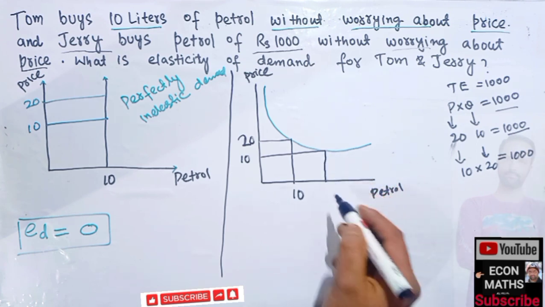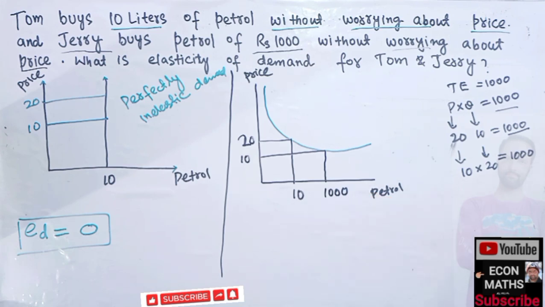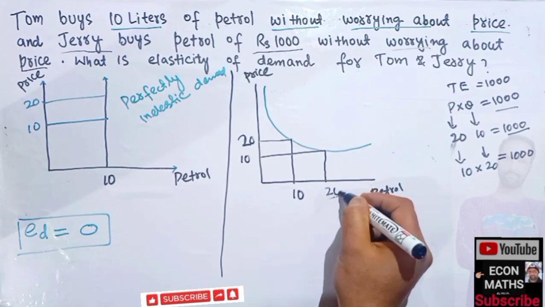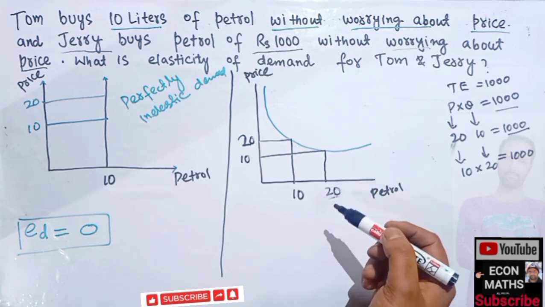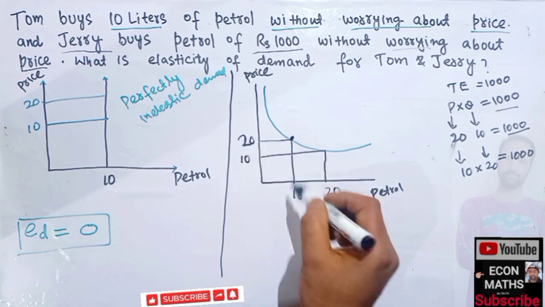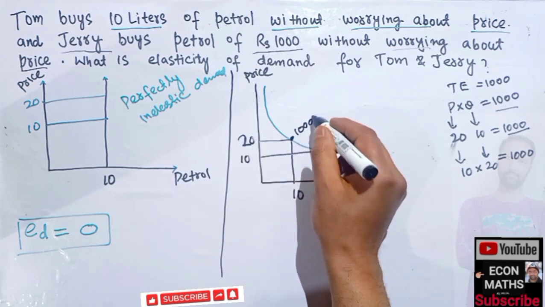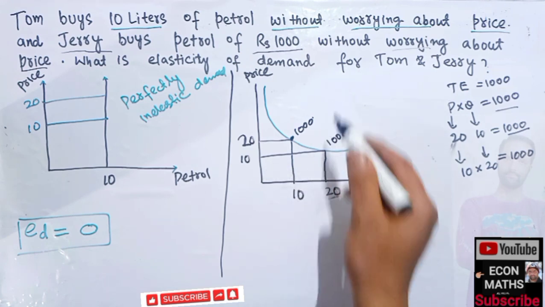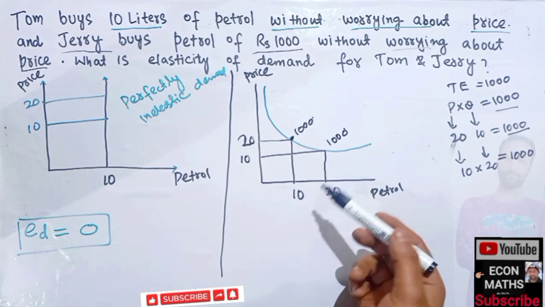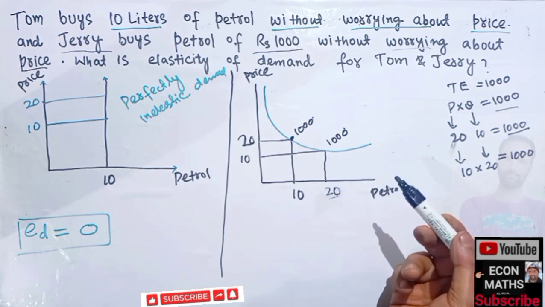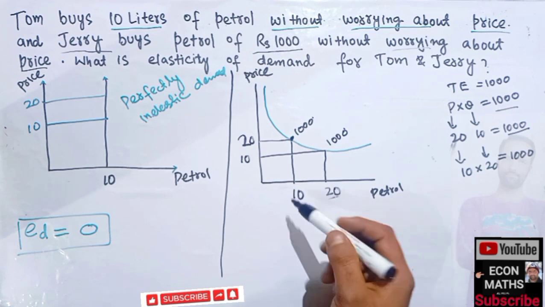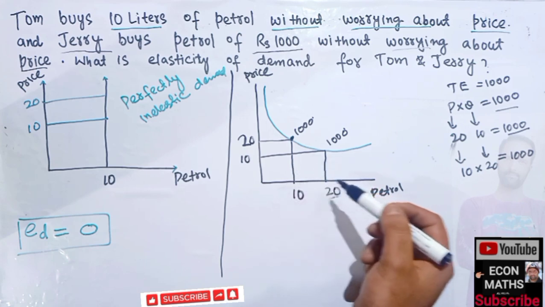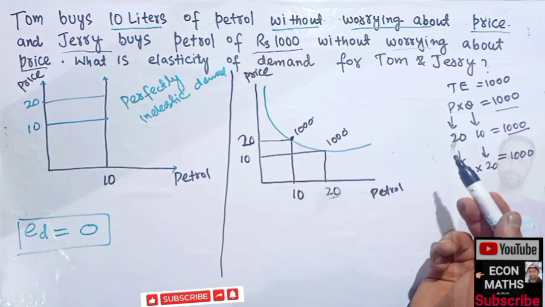So we have 20 here. 20 units of petrol will be demanded, and we can see here 20 into 10 is 1000, he has a fixed expenditure, and here 10 into 20 we have again 1000. In this case, we can say he has a unit elasticity of demand, which means the proportionate decrease in price of petrol will be equal to the proportionate increase in demand for petrol.